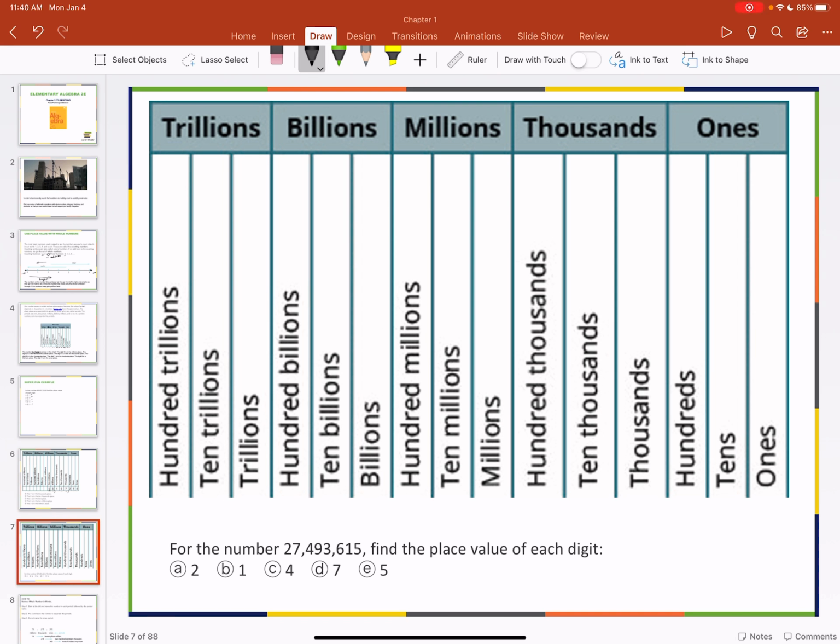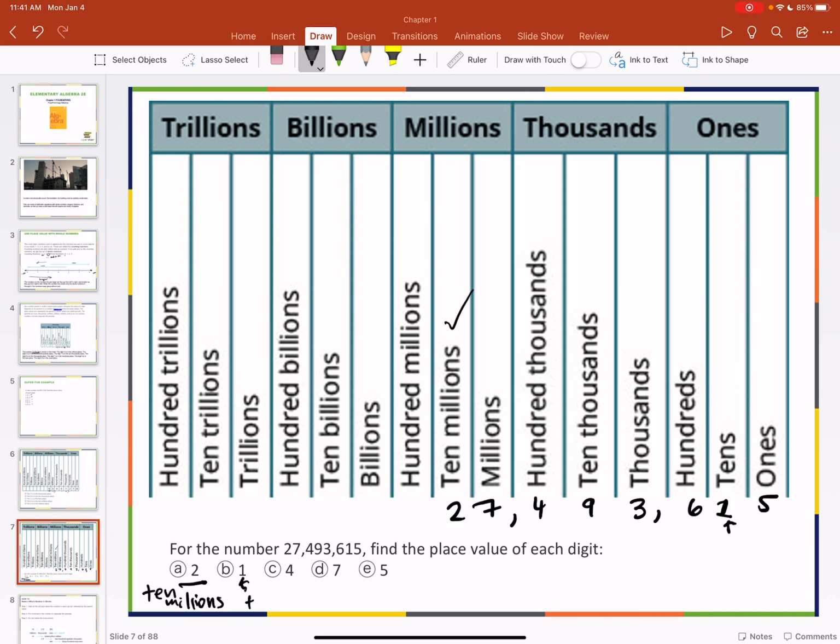Okay, so let's go ahead and write this number out. This is going to be 27,493,615. Okay, so if we use a chart like this, it's very easy to see. Okay, this is a 1, by the way. Okay, so the 2 is in the 10 millions place. So if you wrote that, you were correct. And then the 1 is in the tens place.